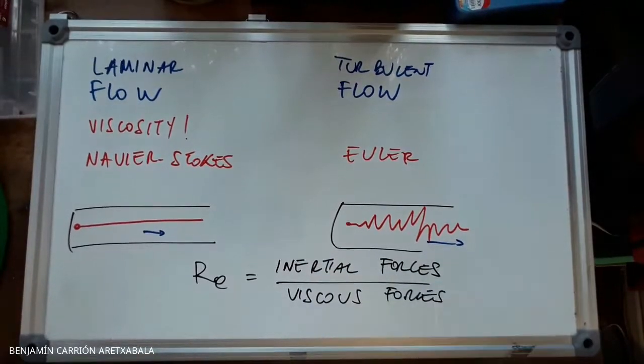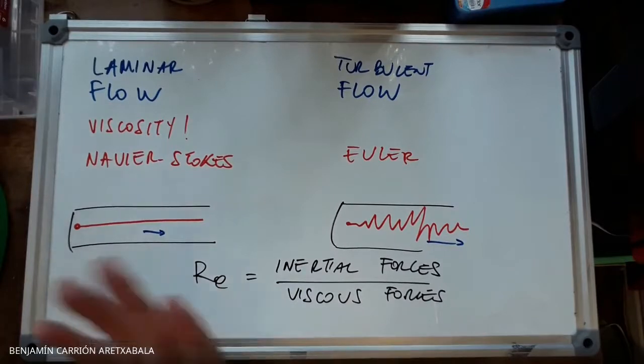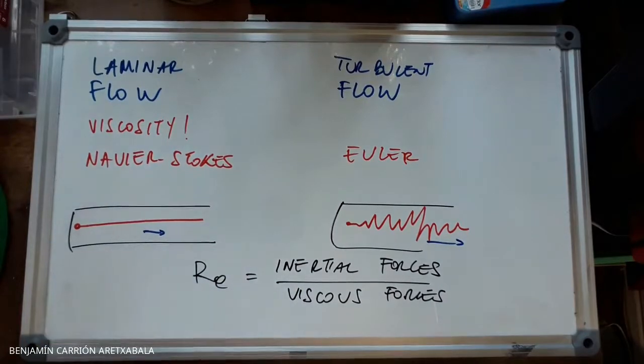Now, what does inertial mean? Inertial is anything that has to do with motion, with momentum in the end. So it has to do with your own weight and your velocity.